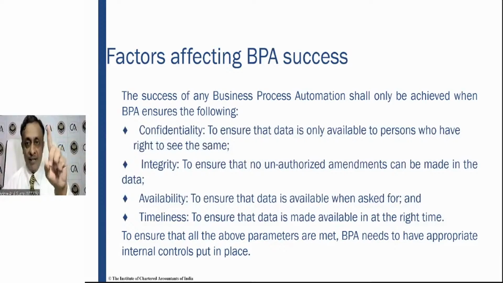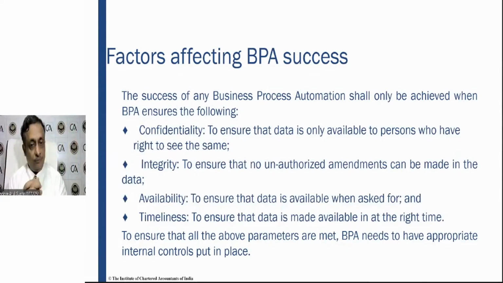That's confidentiality. Second, integrity. To ensure that no unauthorized amendments can be made in data. To restrict unauthorized amendments. So how you implement integrity is through controls, through security, through firewalls. Each of the words is going to come in subsequent chapters. So how do you implement integrity? Through proper security, through proper controls, through implementing firewalls.